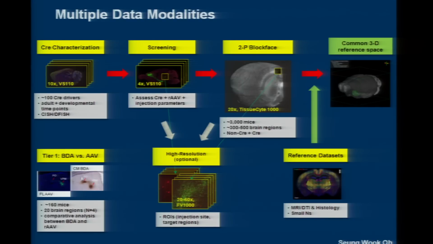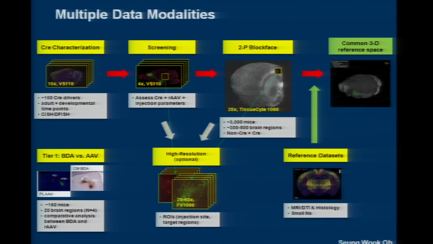After the Cre pattern is confirmed, they will be tested using the Cre-dependent tracers, to make sure everything is correct. And then when that is done, the particular Cre mice versus virus combination will be put into this high throughput fluorescent imaging platform, and whole brain data will be collected.